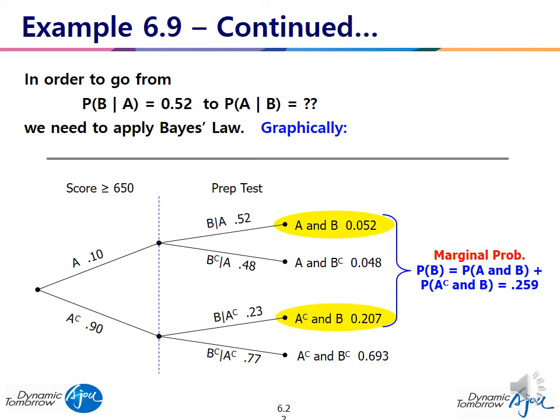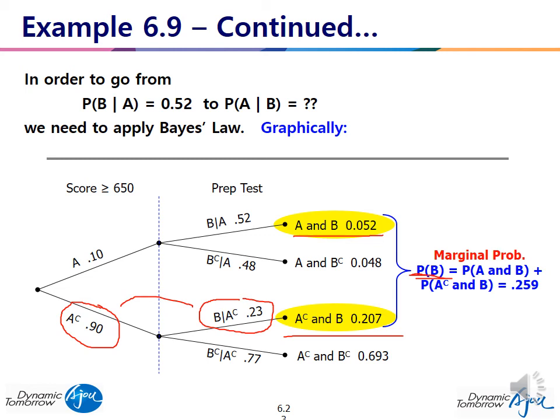Now we are going to calculate probability B. How do you do that? Using this, you take probability A complement times probability B given A complement, and multiply these two.